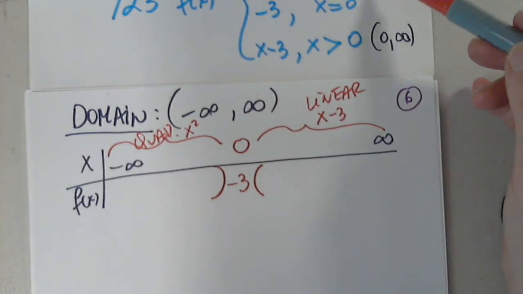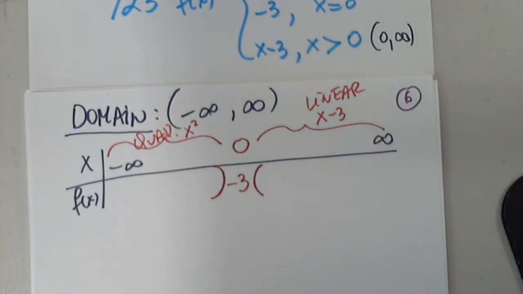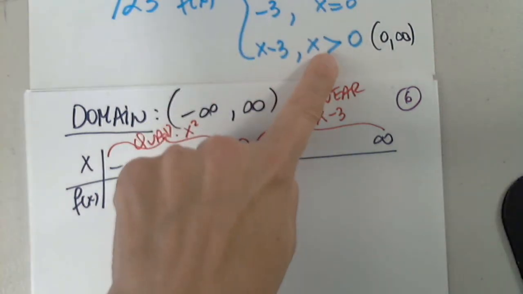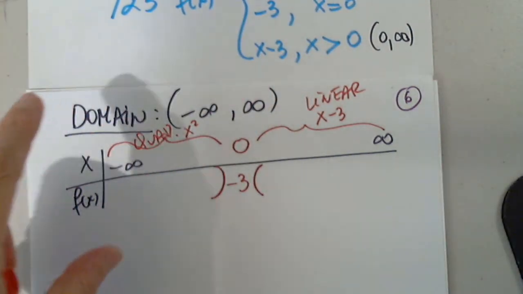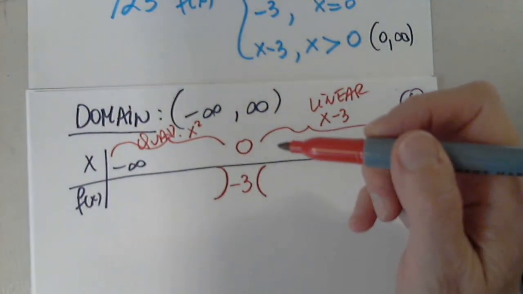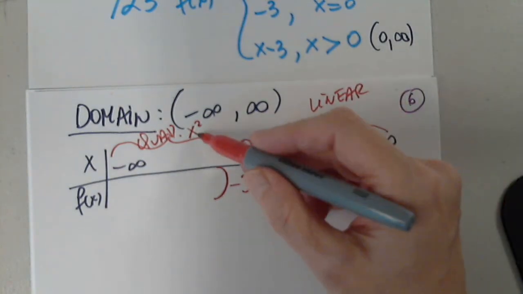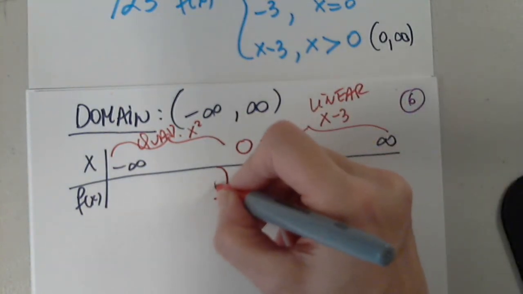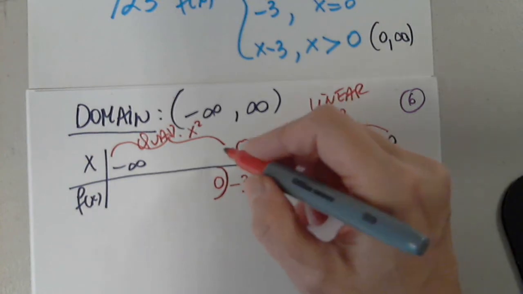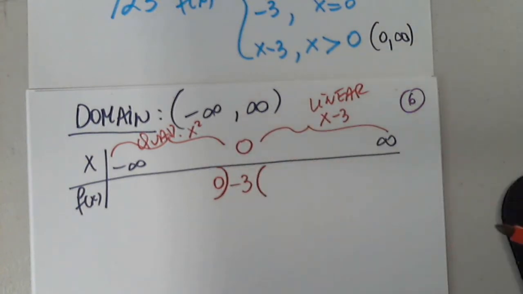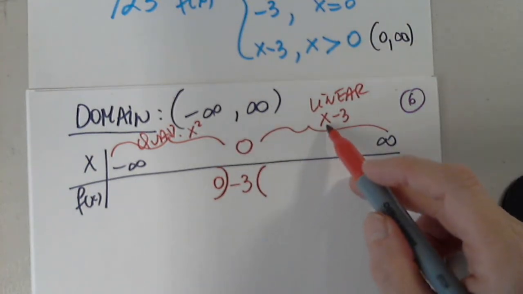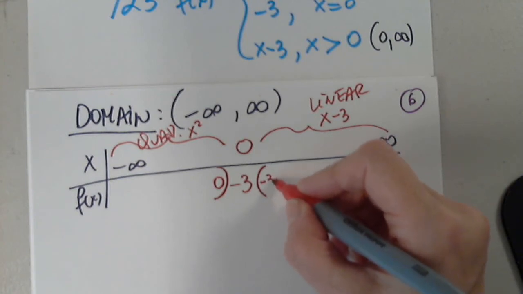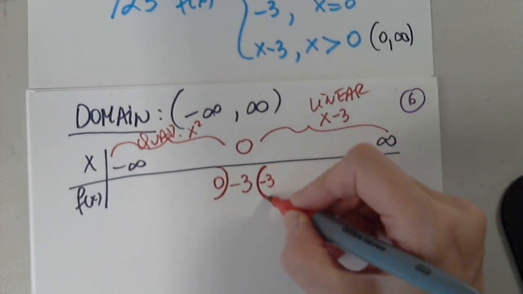Now, 0 is not here, 0 is not here, and 0 is not here. However, I'm going to plug in 0 and put the number right here inside the parenthesis. When I plug in 0, I get 0. When I plug in 0 here, although I should not, I put -3 inside of parenthesis.